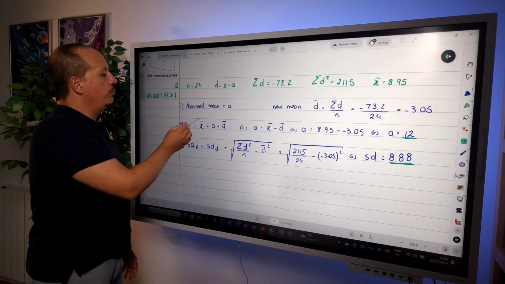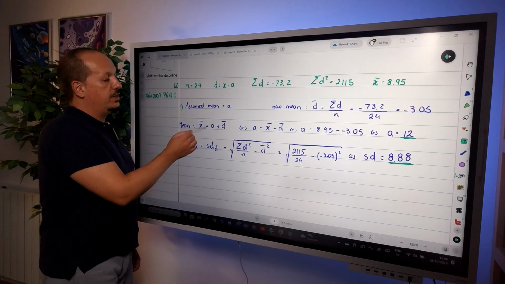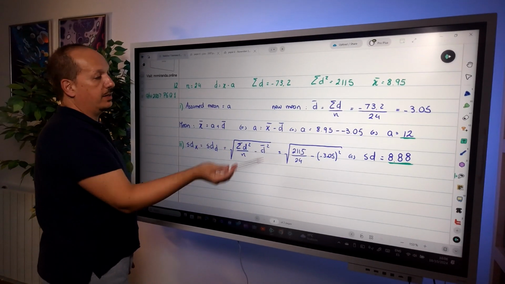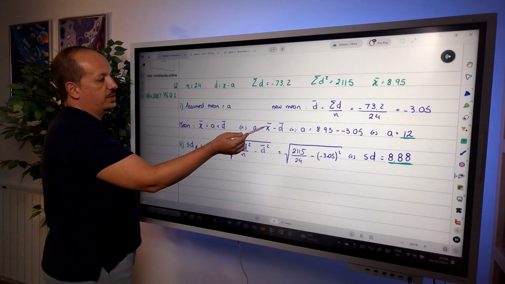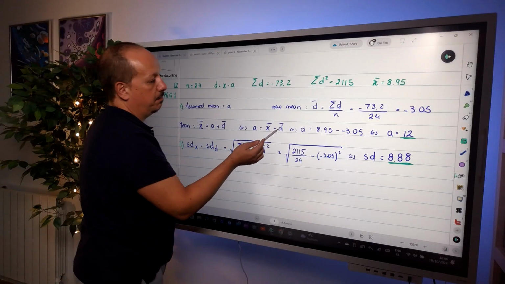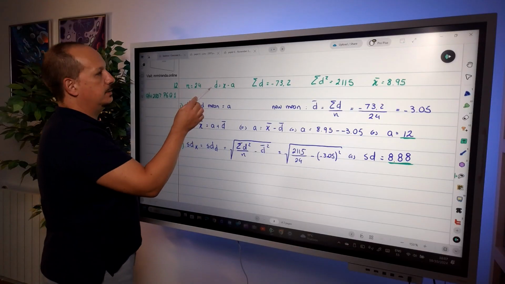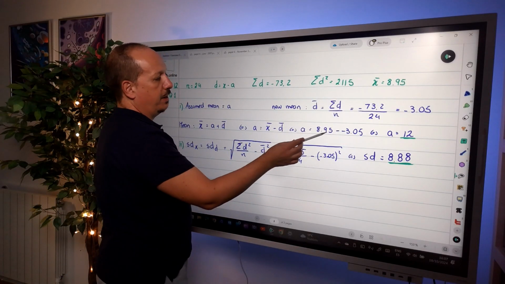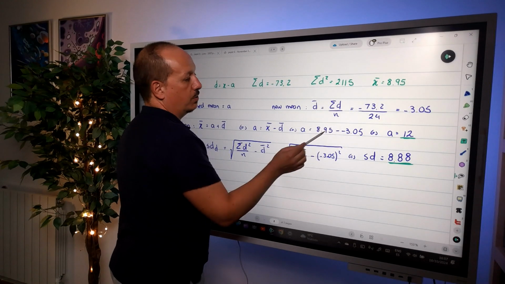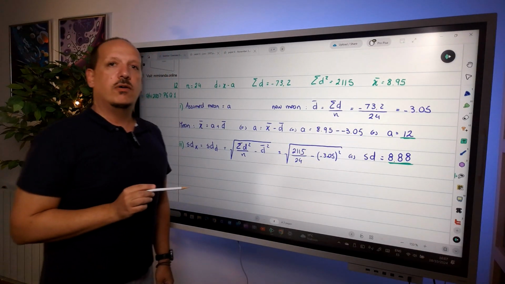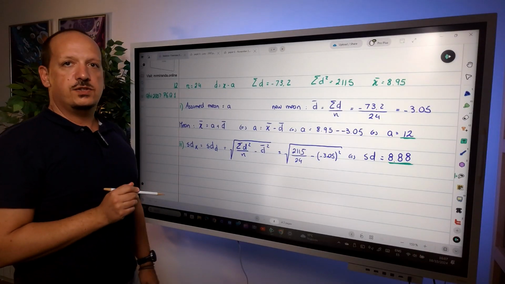I know that the true mean is the assumed mean plus that value. So I can get the value of a. That's what I'm being asked, which is the mean minus the mean of the deviations. It's 8.95 minus this, so minus 3.05, which gives the value of 12. 12 is the assumed mean.